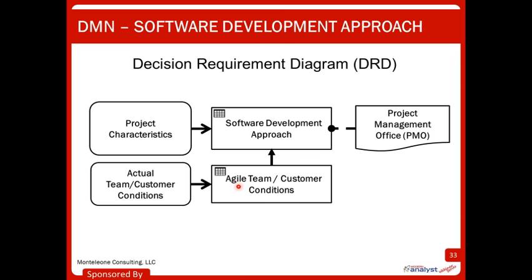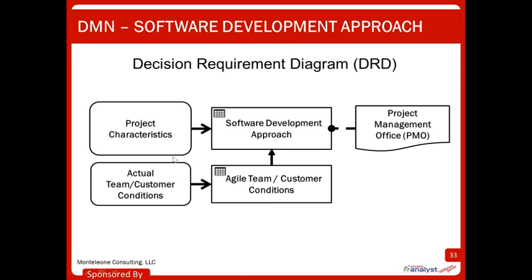Let's say it's a yes or no decision in terms of we have the conditions to do something in Agile. But then this decision feeds into the software development approach, and this one is going to come up with a result: either let's do Waterfall, let's do maybe a hybrid, or maybe we strictly do something called iterative incremental, which is Agile.